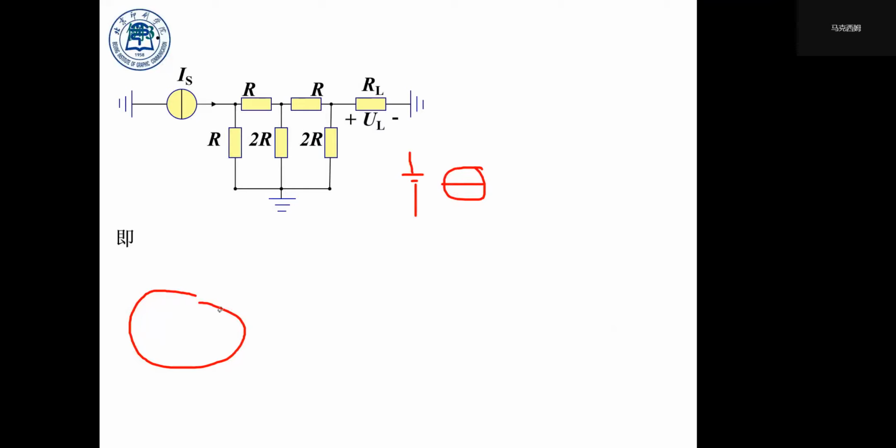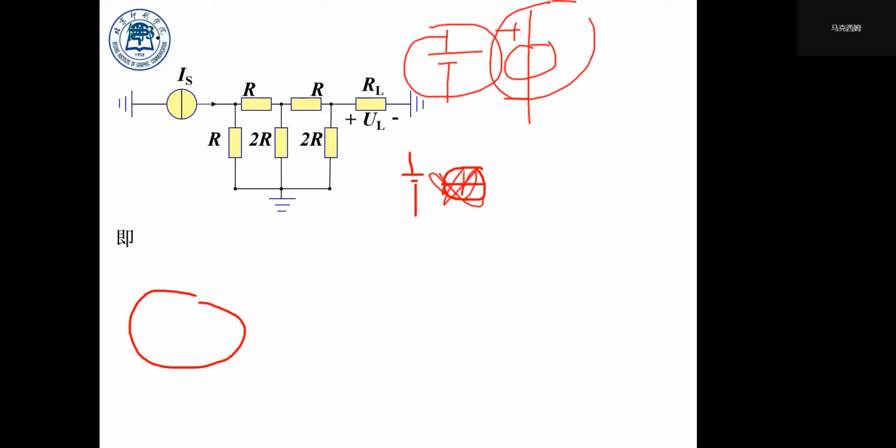Oh my gosh. Doesn't matter. This symbol represents a voltage source. If we use this symbol or this symbol, both are right, they both represent the voltage source.